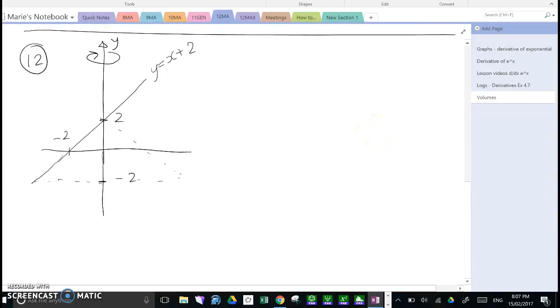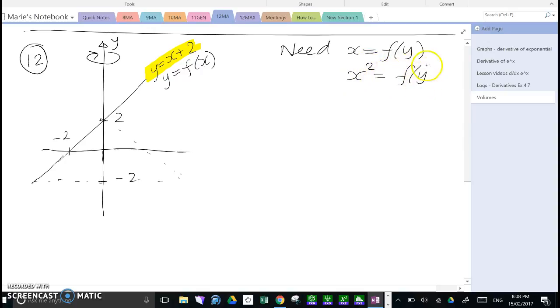So you've got an equation here. y equals x plus 2. Now what's that? That is y equals f of x. And we know when we're doing volumes around the y-axis, I need x equals f of y. In fact, for my formula, I need x squared. I actually need the f of y squared.